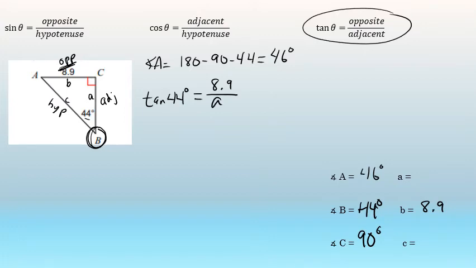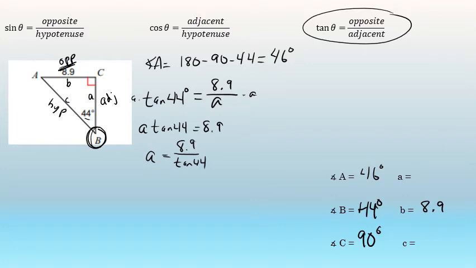At this point, I have an equation with only one unknown. I can solve this equation for A in two quick steps. The first step would be to multiply both sides by A. A times the tangent of 44 degrees equals 8.9. And that means that side A's length, if I divide both sides of the equation by the tangent of 44, is 8.9 divided by tangent of 44.